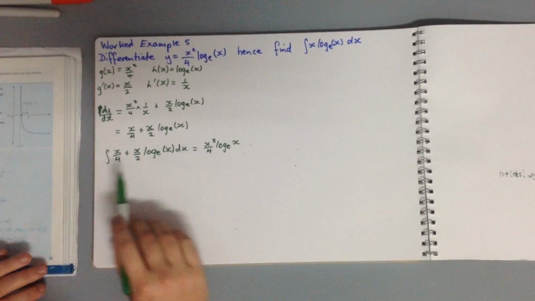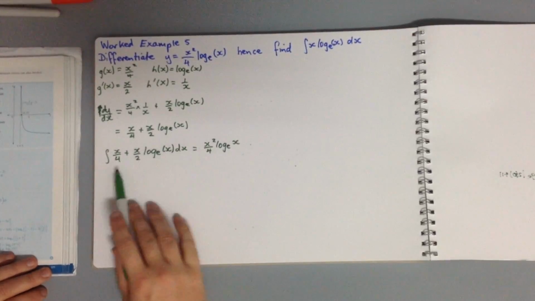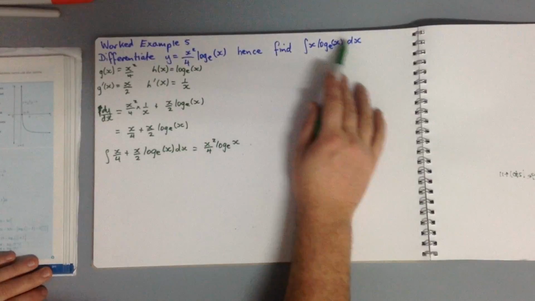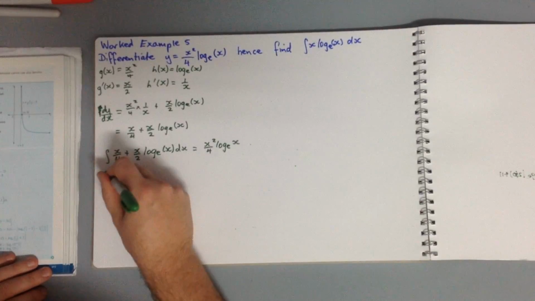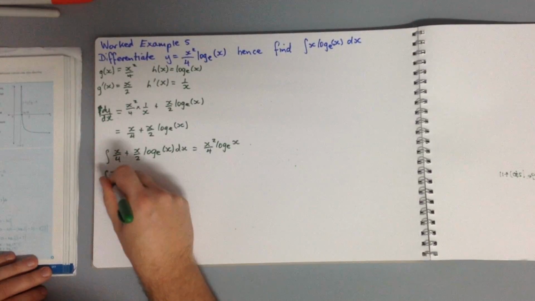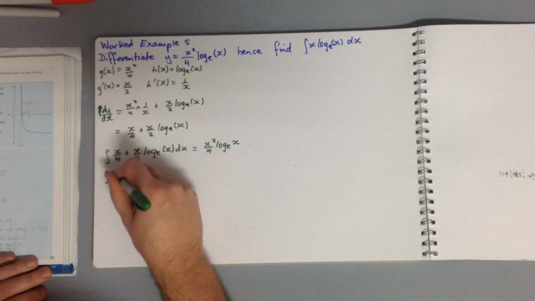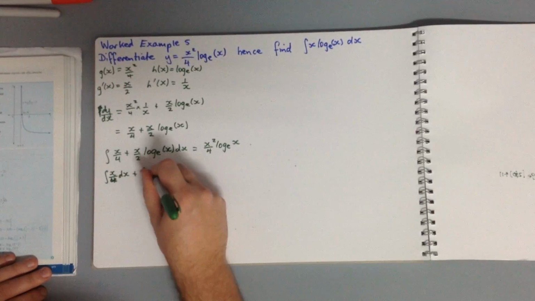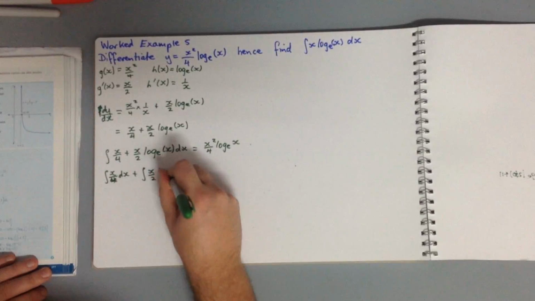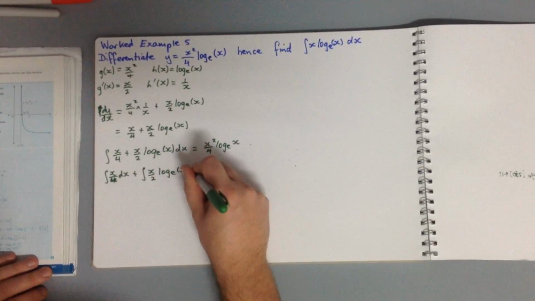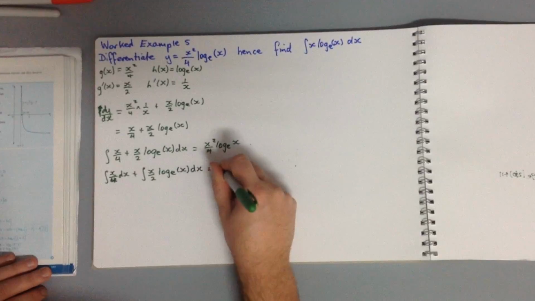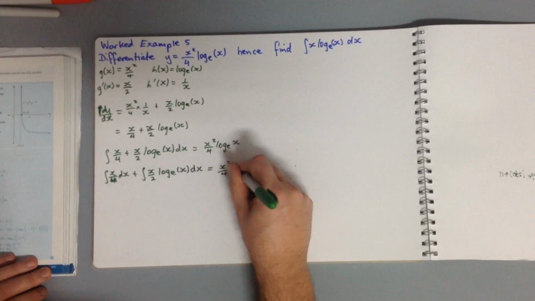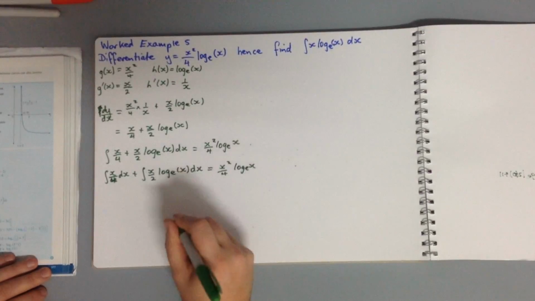Well, this doesn't look quite right yet. We need to actually make this look like what we've got up here. So we need to split it up and say that we've got the integral of x on 4 dx plus the integral of x on 2 log to the base e of x dx equaling x squared on 4 log to the base e of x.